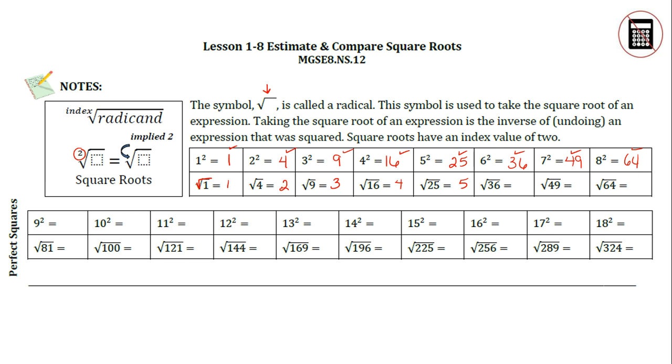Before we move on to learn how to estimate numbers that are not perfect squares, let's finish out our perfect square list. So again, 1, 4, 9, 16, 25, 36, 49, 64 are perfect squares. Let's continue with our list.